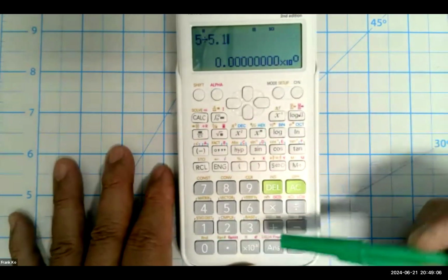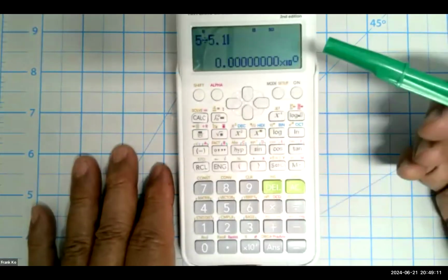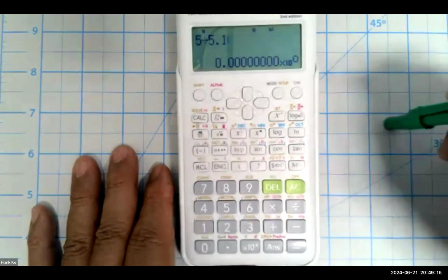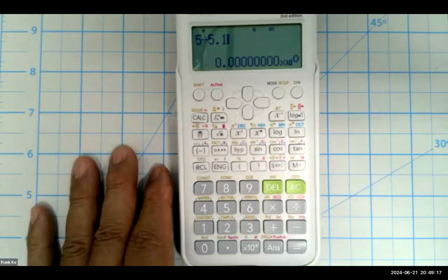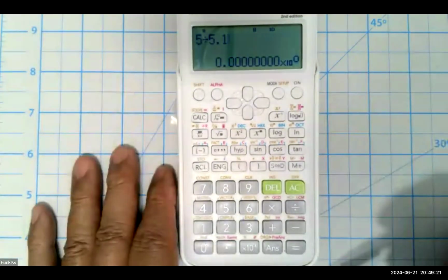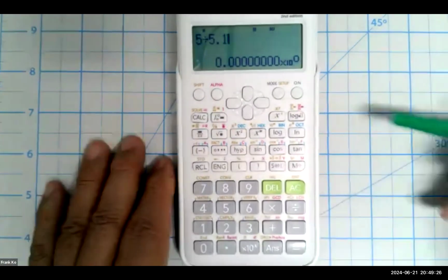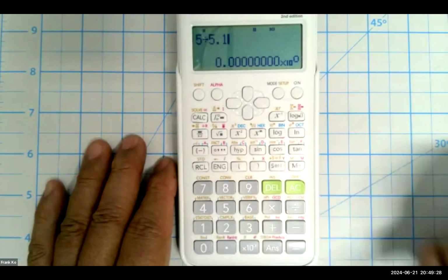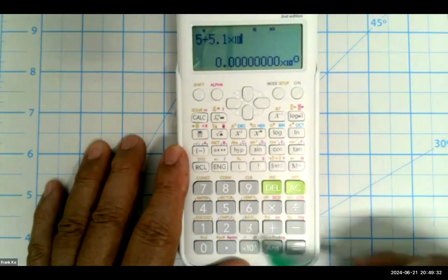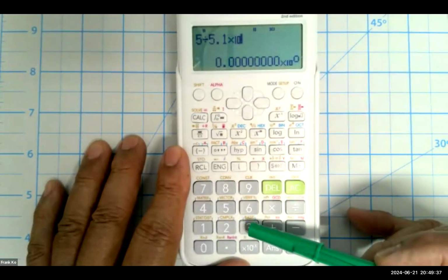There is no kilo button here. How do I bring in kilo? Well, you have to go to your metric units chart that I showed you earlier. Hopefully you've transcribed that into your journal. And you know that kilo, by looking it up, is 10 to the power of 3. So luckily we have a 10 power button right here. All you have to do is touch the 10 power key once, and it shows you times 10. And then kilo has an exponent of 3.